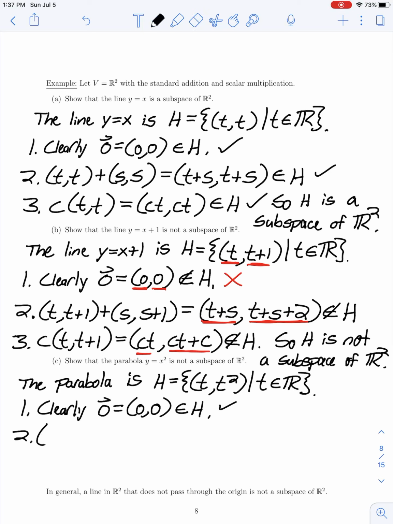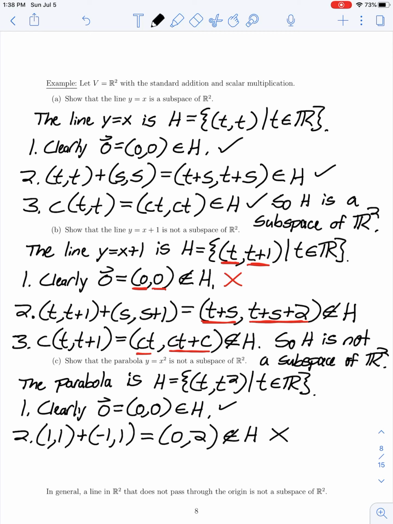So as an example, we could take the vector, let's say (1, 1), which lies within our space, and the vector (-1, 1), which also lies in this space, since the second coordinate is the square of the first. Now the sum of those two vectors would be (0, 2), which clearly does not lie in the set H because the second coordinate is not the square of the first.